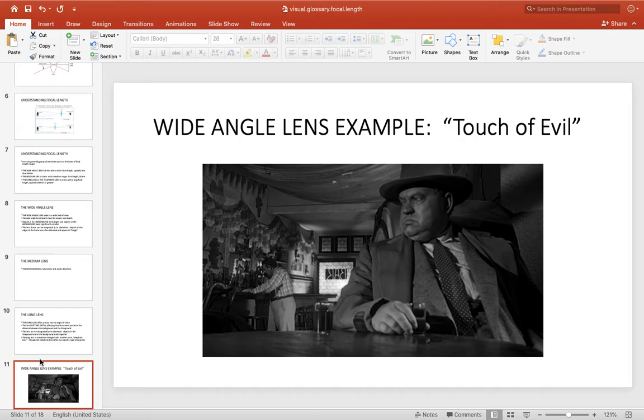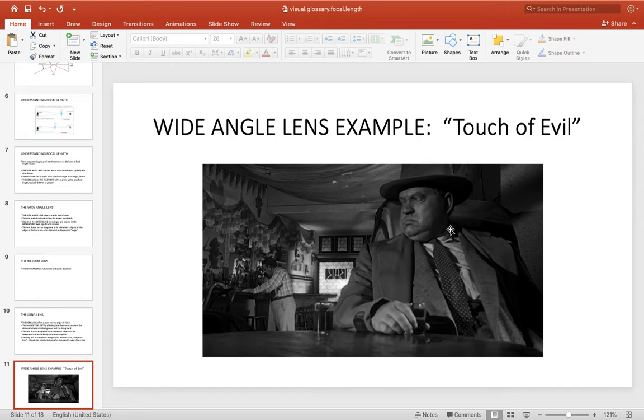So I'm going to show some images from two of his films, Touch of Evil and Citizen Kane, which of course we watched in this class already. In this case, we see an example from Touch of Evil, and I wanted to show you this still so that you can see the background here seems very far away from the character that Orson Welles is.